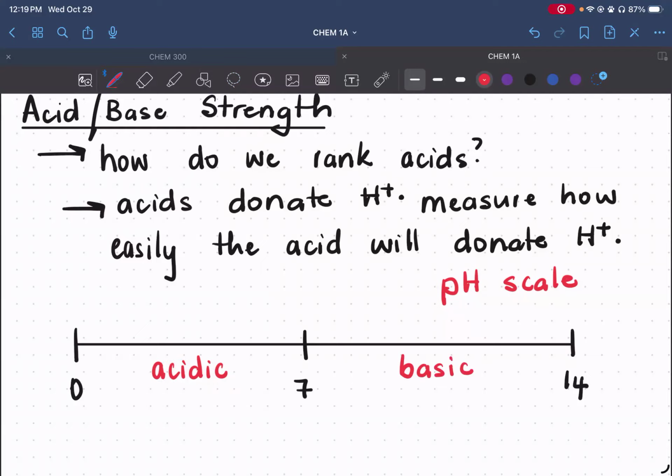That number 7 is identified as neutral, because occasionally you'll have a pH of exactly 7. It's neither acidic nor basic. It's simply neutral. It is from this scale that we are able to classify and rank acids.